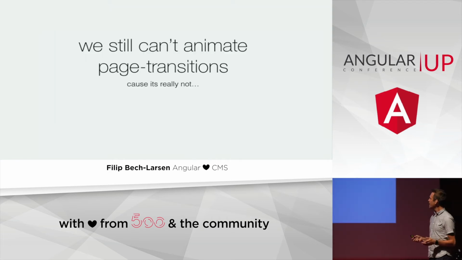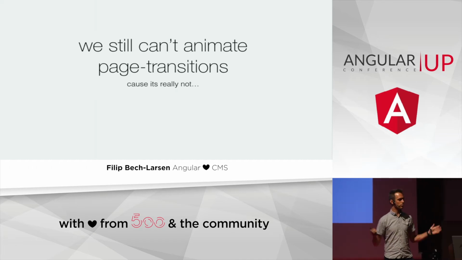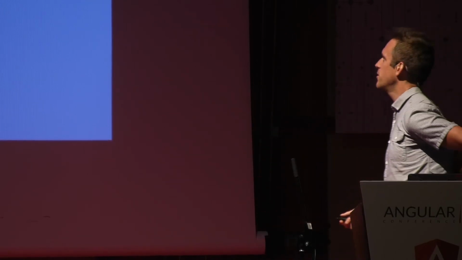The problem is we still can't animate page transitions, because it's still not really a page transition. We're just loading a generic page once, and then every time the data changes, every time the subscription changes, we're still just recreating the view. So we need a way to fix this.